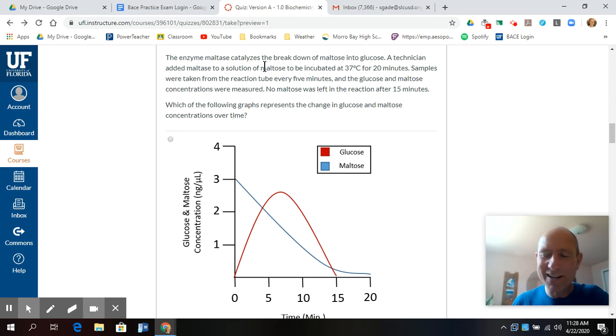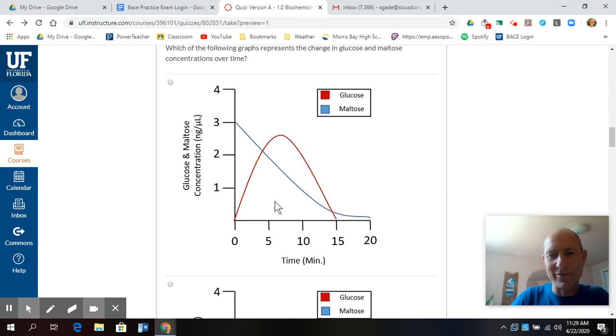And what should happen to the concentration of glucose over time? That's right. It should be going up. So all we need to do is look for a graph where the concentration of maltose is going down and the concentration of glucose is going up. And that's happening in this graph up to this point right here. But then glucose starts to go down for some reason. And why would that happen?